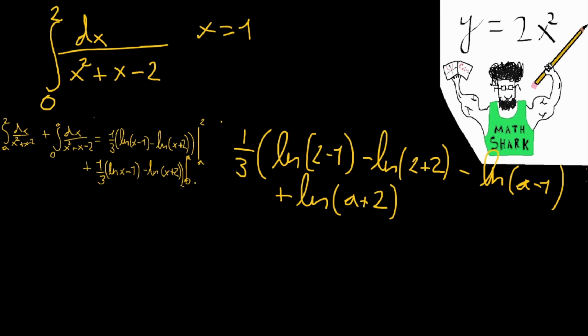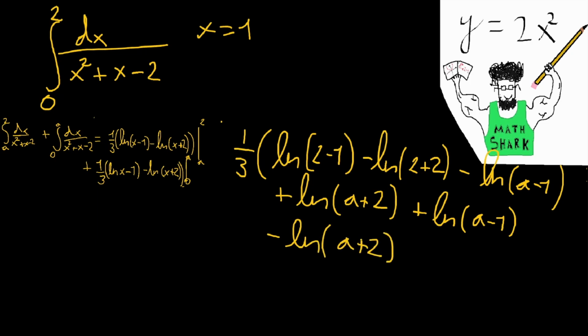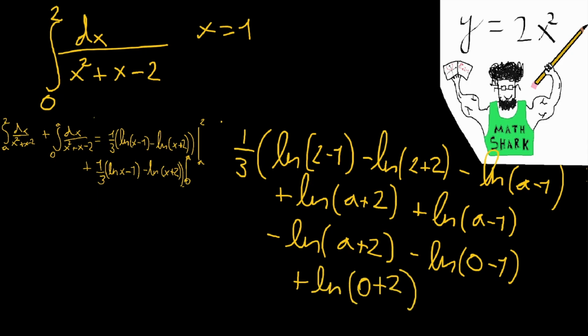And then we have the second part of this, so plus ln a minus 1 minus ln a plus 2, minus ln 0 minus 1 plus ln 0 plus 2, times by a third.